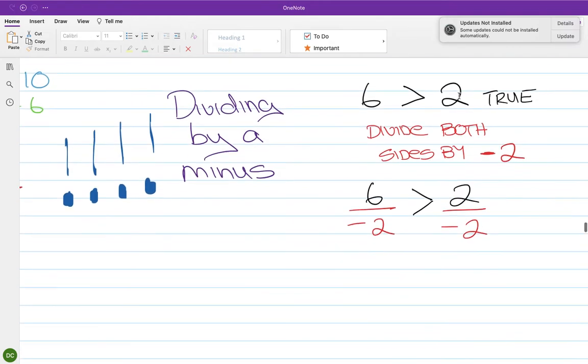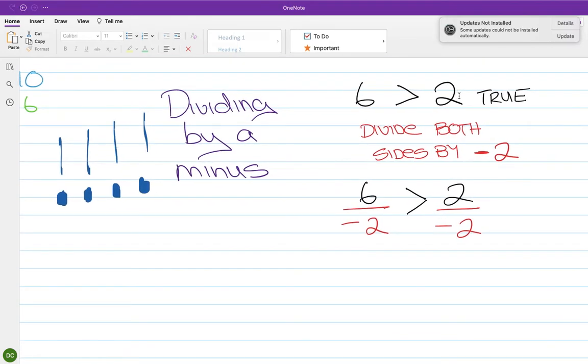Okay, so 6 divided by minus 2 is minus 3, isn't it? And 2 divided by minus 2 is minus 1. So now what I have is that minus 3 is greater than minus 1. Is that true? That's not true. That's false.